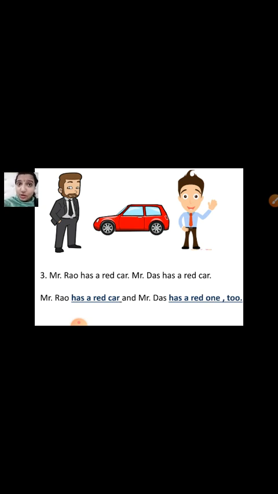Too means also. Understood? Mr. Rao has red car and Mr. Das has red one, comma too. Full stop. Always remember, after one you have to put comma. Okay students? I hope you understood this answer, how you have to complete the sentences.